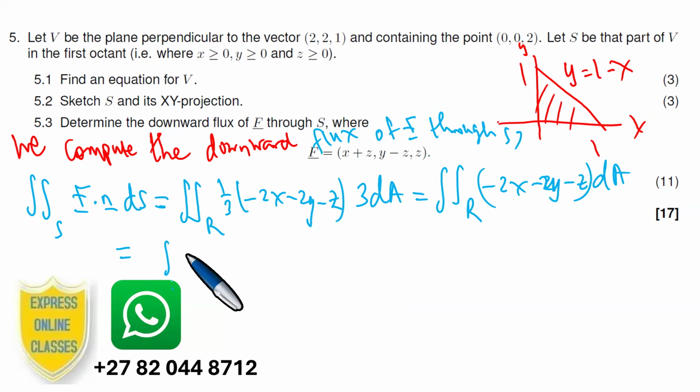Which means we have the double integral from 0 to 1, from 0 to x. Right, we have exactly this here. So these would therefore be the same as the following.